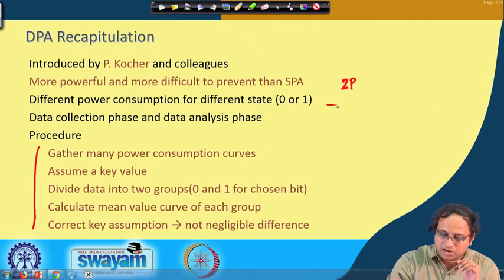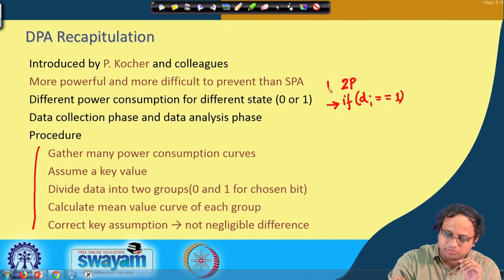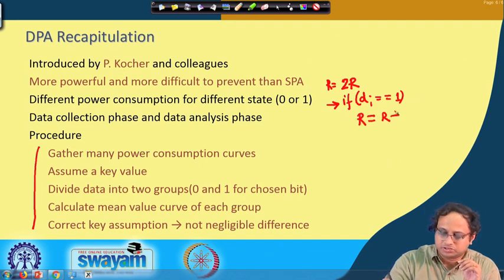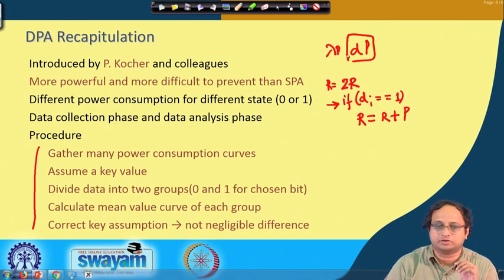If your scalar bit di is equal to 1, then you are adding. So suppose I have a register and I write r equal to 2r. If this key bit is 1, then I write r equal to r plus P. So I am trying to calculate dP in this way.